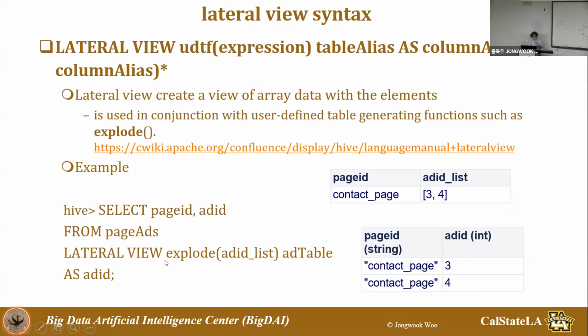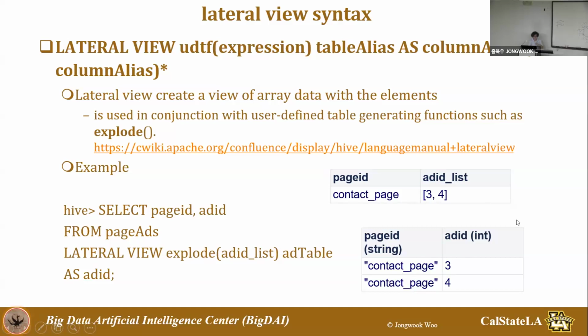But if you use a lateral view, then each element is regarded as a table record, like ad ID, and they can be a part of the record that comes with the page ID column. So lateral view is important to keep the column together with the column that you are exploding.